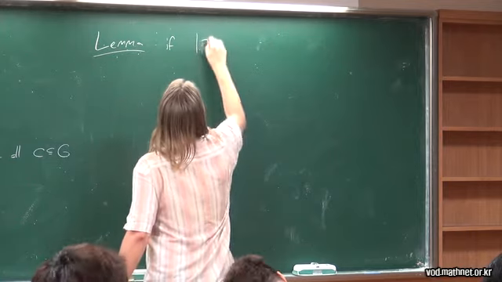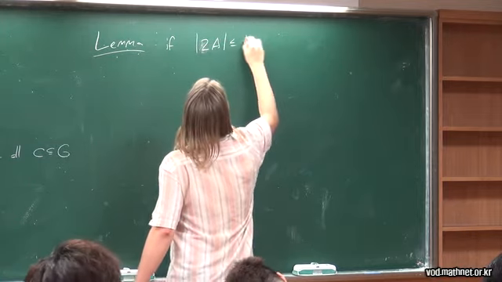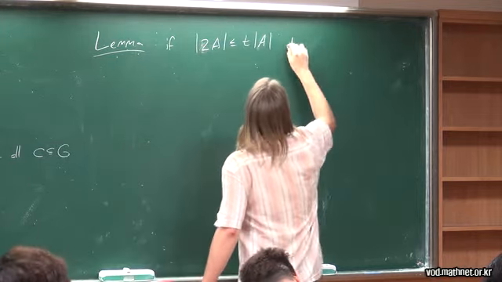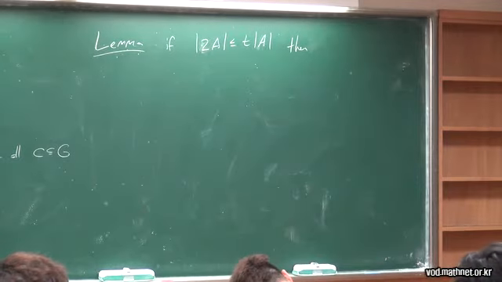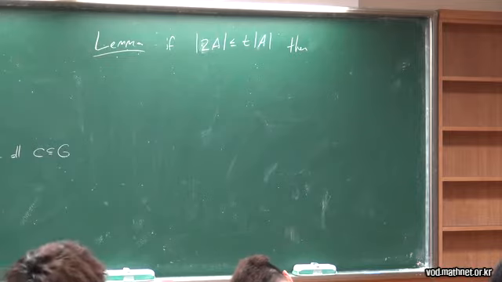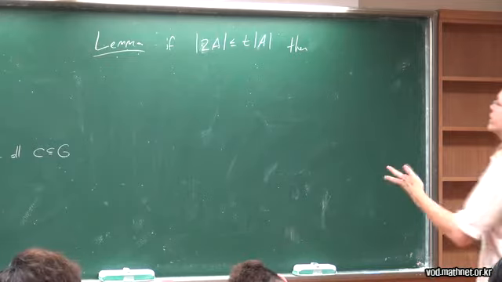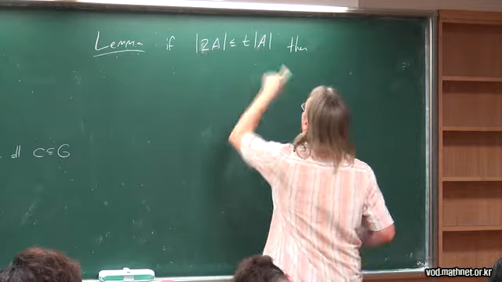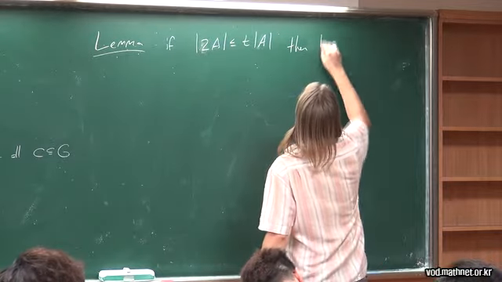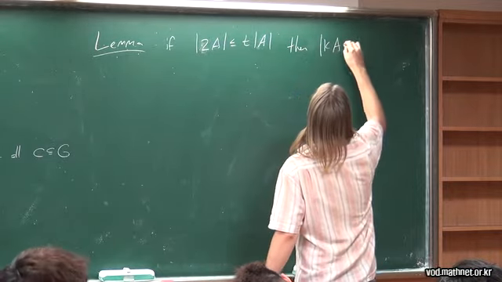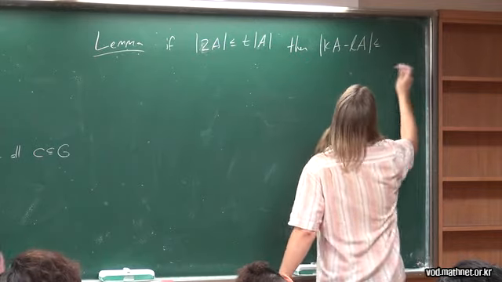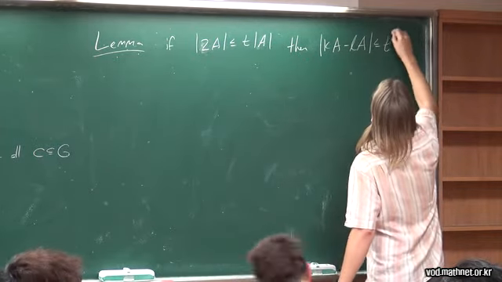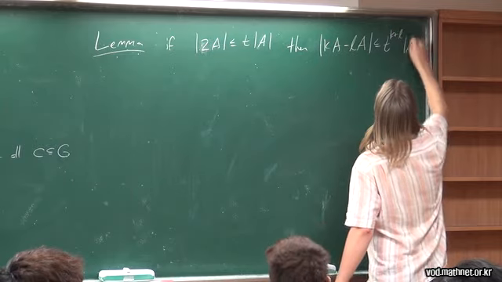So if the size of 2A is at most t times the size of A, then no matter how you take A and add it or subtract it a small number of times, that new set will have size only controlled by the size of A in a very similar fashion. Namely, if you take kA minus lA, the size of that is going to be at most t to the k plus l times the size of A.